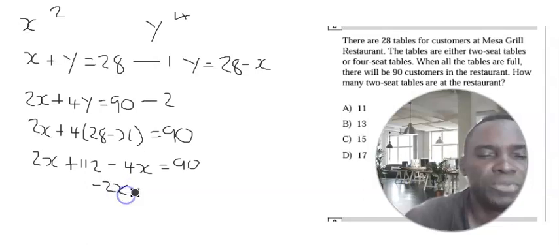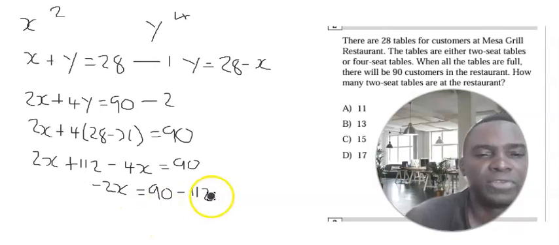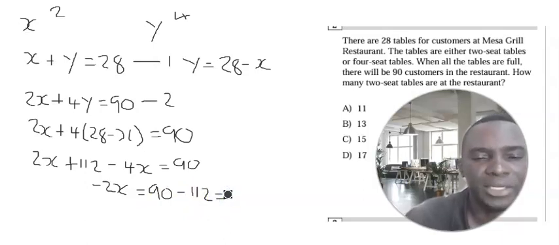Then of course I am moving my 112 to the other side. This will be equal to 90 minus 112. Do you grab that? And of course this should be equal to minus 22.